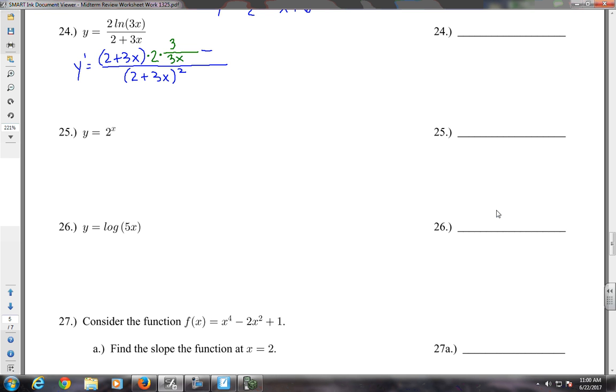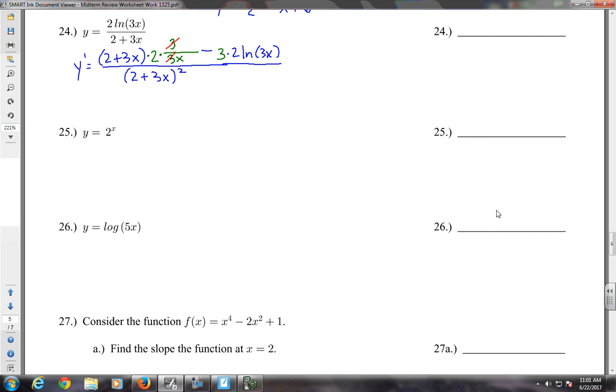The derivative of the denominator 2 plus 3x is very simply a 3. And then we'll multiply by the original numerator, which was 2 natural log of 3x. So the calculus part is complete. Now we need to work on the algebraic simplification. First thing that I spot here is 3 divided by 3. Those will cancel.